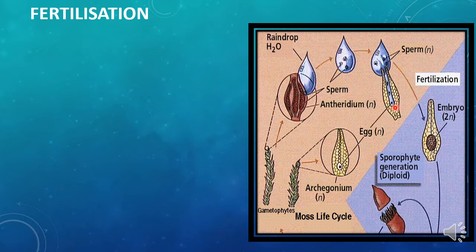The haploid sperm fuses with the haploid egg and forms the diploid zygote, and the diploid zygote undergoes mitosis and produces a multicellular sporophyte, and this sporophyte undergoes meiosis to form haploid spores, and the haploid spores upon germination form a haploid gametophyte.